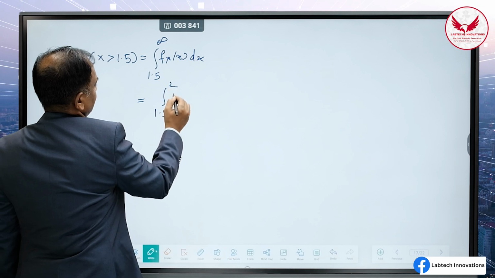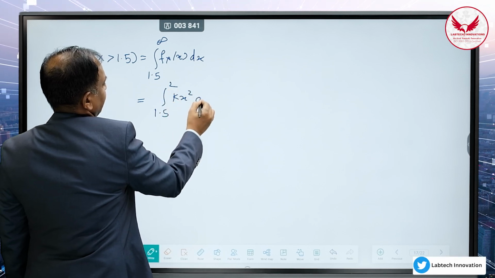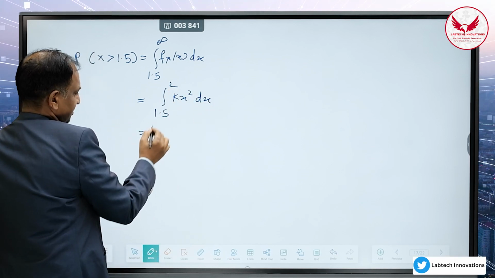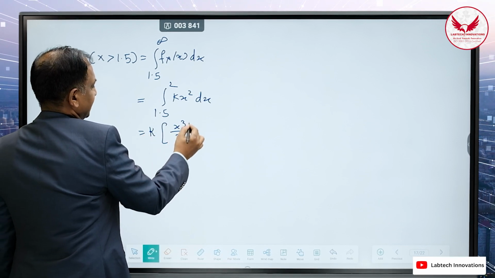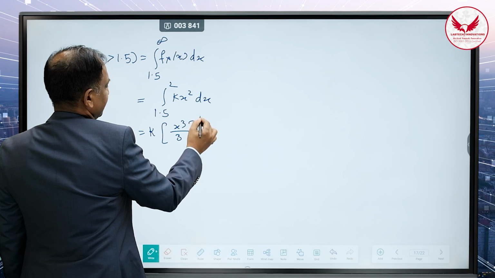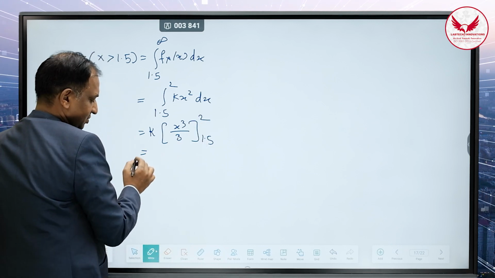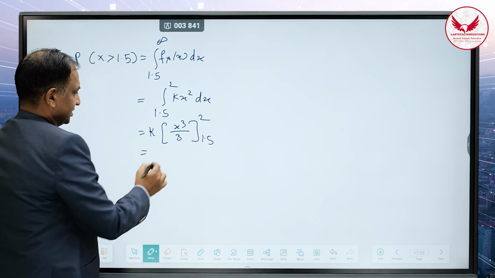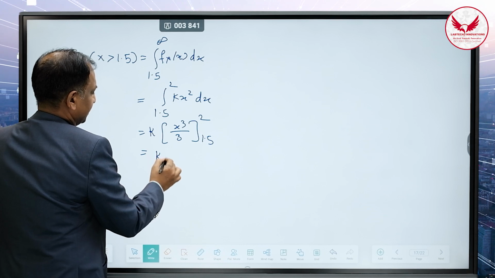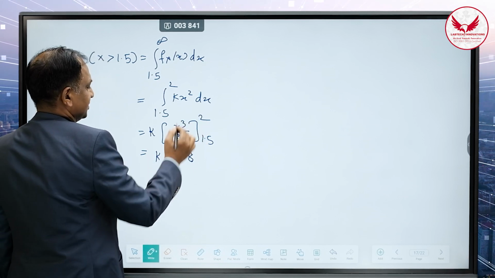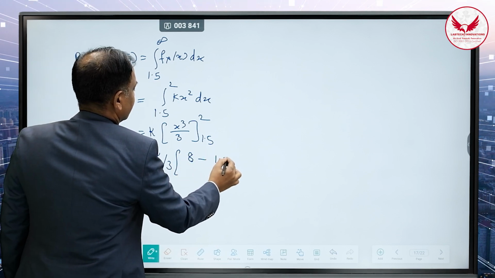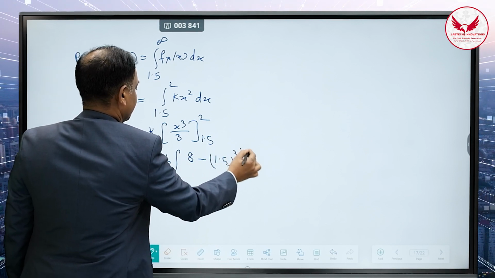So the integral from 1.5 to 2 of kx square dx. With k outside, the integration of this is x cube divided by 3, from 1.5 to 2. Substituting the values, k divided by 3, upper limit 2 cubed is 8 minus lower limit 1.5 cubed.